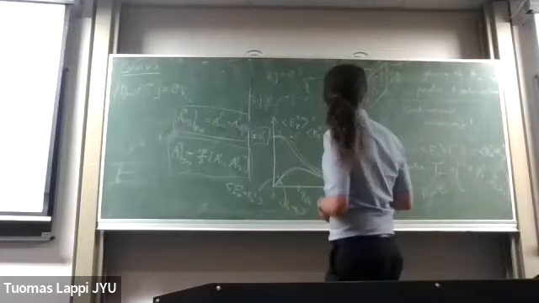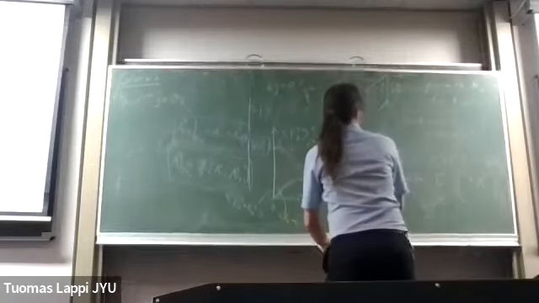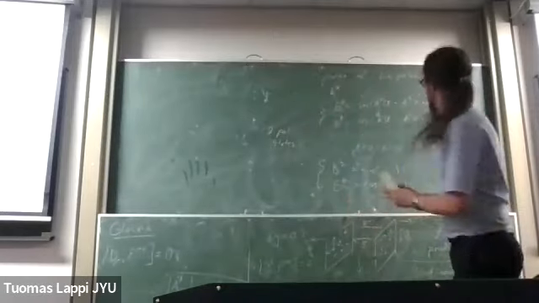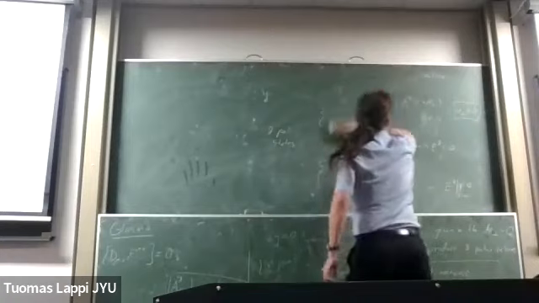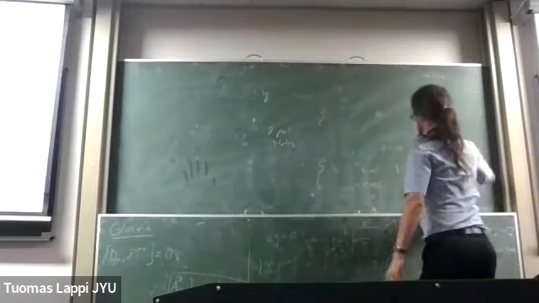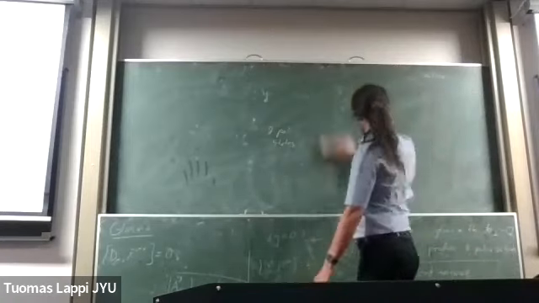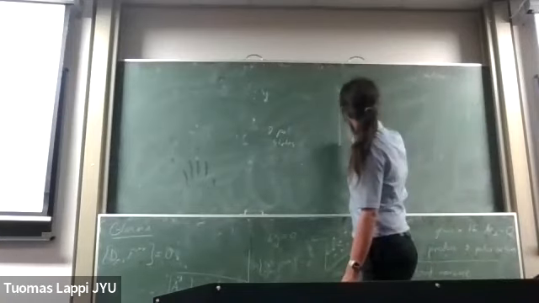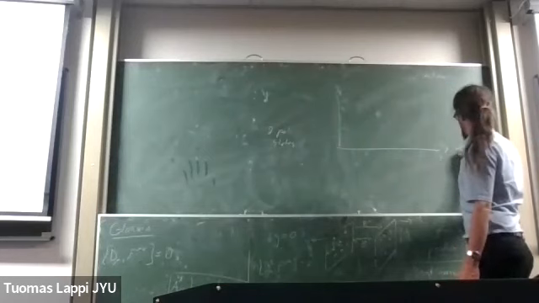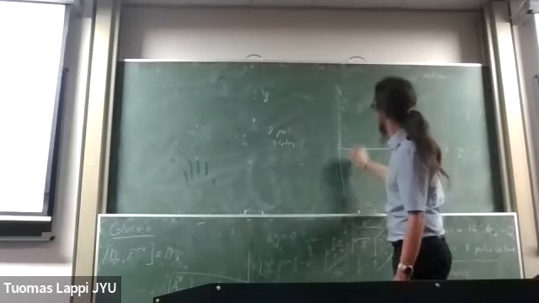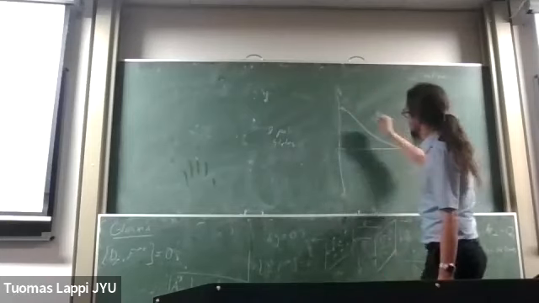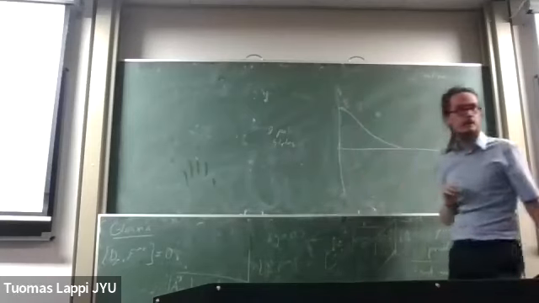And what the energy momentum tensor then looks like, if you use this time dependence, as a function of tau, here is your energy density.